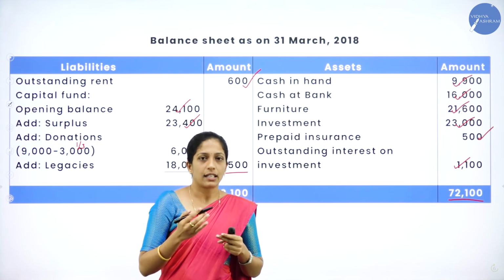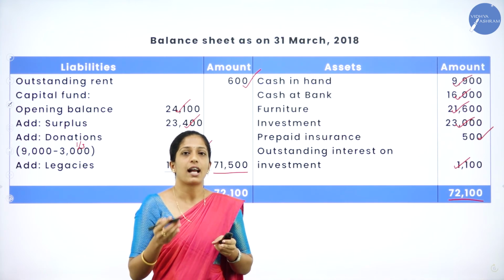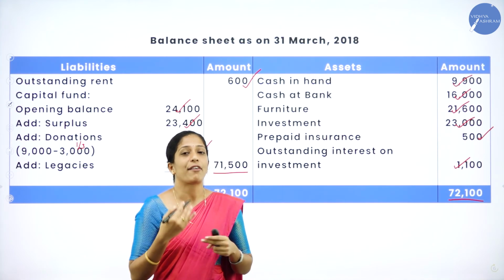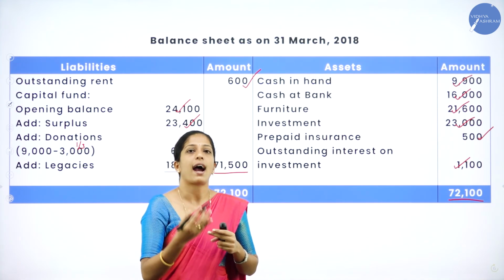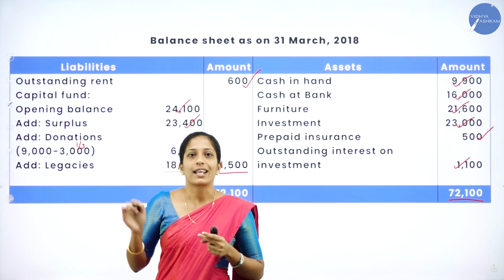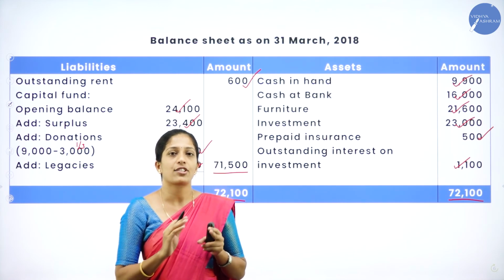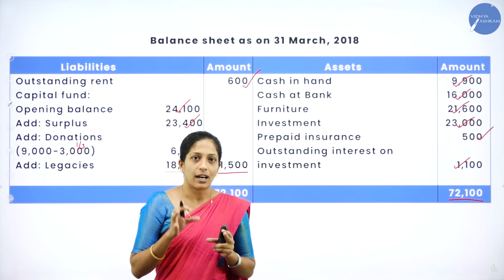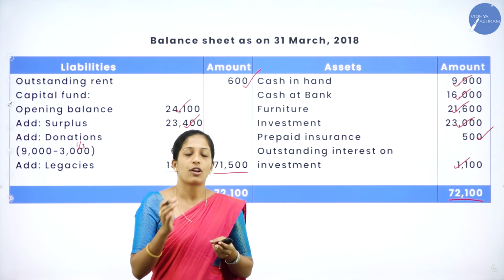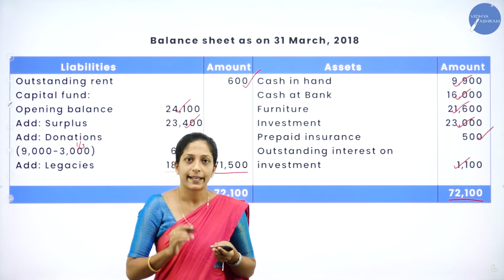So you might feel that this problem is quite lengthy, but the only thing is that you have to understand it, make certain adjustments relating to add or less, and be careful while recording the capital fund in the closing balance sheet. Clear? In the opening balance sheet, you record only the items of the previous year, as the main intention of preparing it is to find the capital fund.